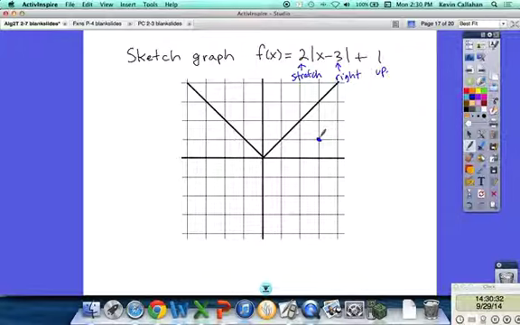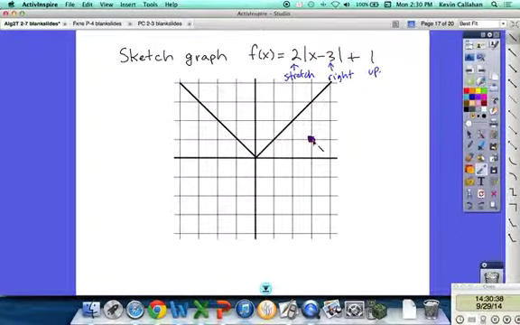I'll do it like this, right? I'm going to put in the lines first, like this. This is if we were drawing the lines without the stretch. And then we'll move them. Like this one here.